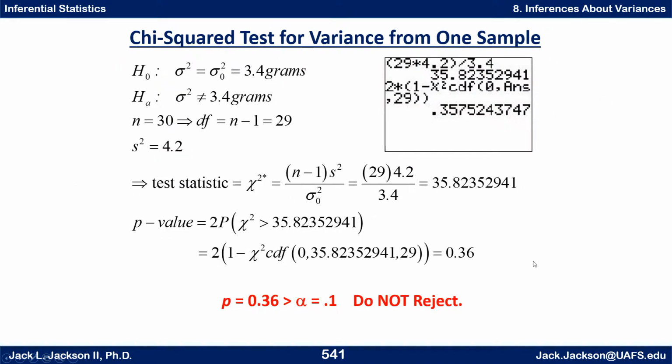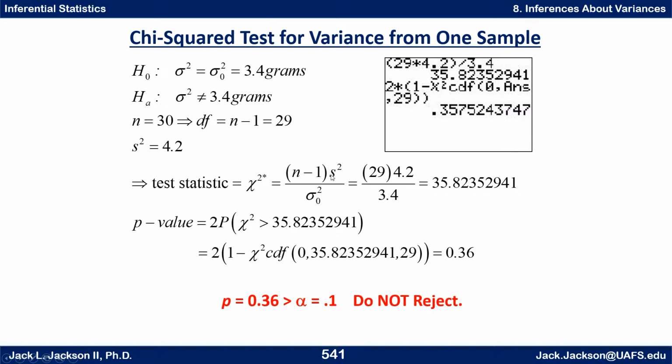Well, we can do this a couple of different ways. Here is the way of doing this with a critical value method. So this is the p-value method here. What we do is find our test statistic first. So our chi-square star, our test statistic, is n minus 1 times s squared over sigma squared. Now the sigma is the one that we go by the hypothesis, the null hypothesis. So that's 3.4.